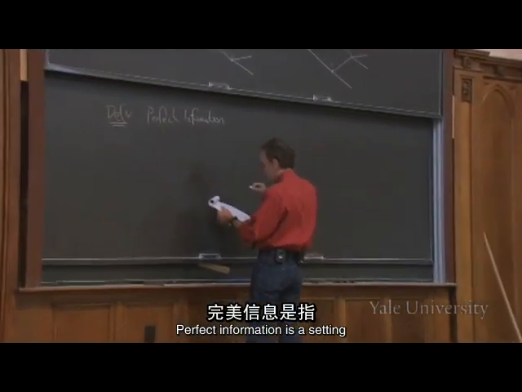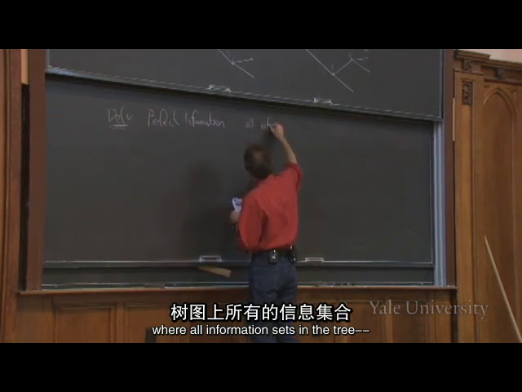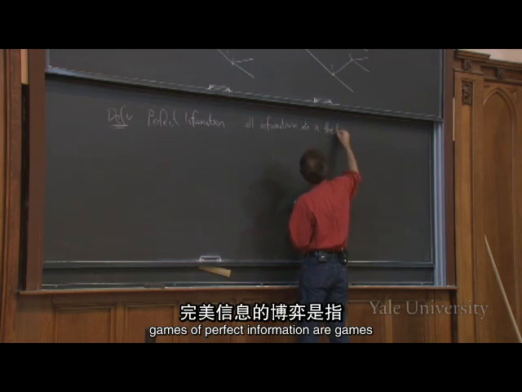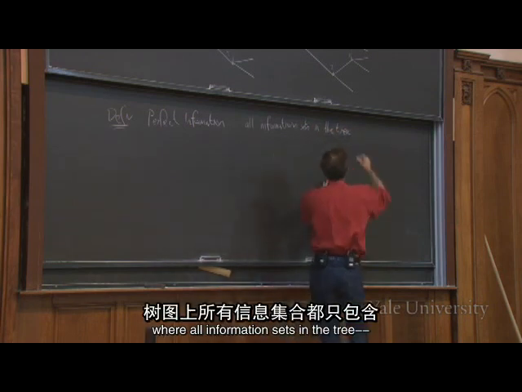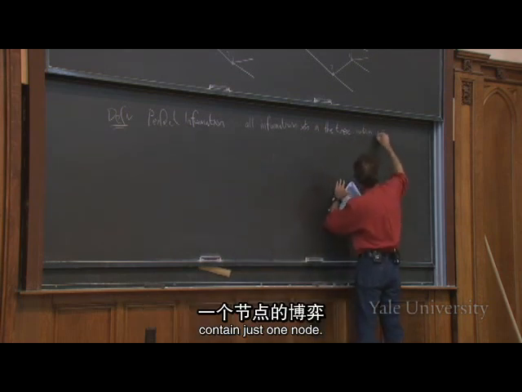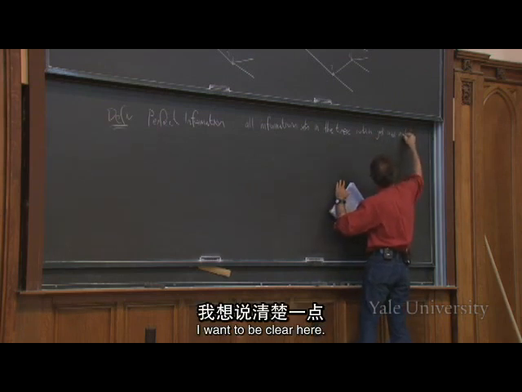Perfect information is a setting where all information sets in the tree contain just one node. Games of perfect information are games where all information sets in the tree contain just one node.